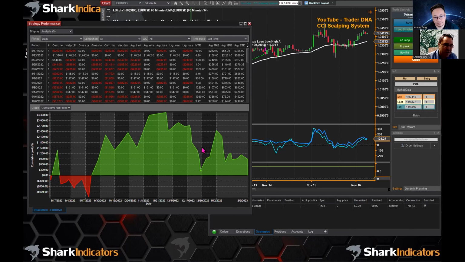No matter how we iterated through the different profit targets and stop losses, so this is kind of revealing some of the characteristics of the CCI with the markets in general. It seems like pretty much every tweak we've made, we've seen a big downturn in December, and perhaps December being the holiday season might not have been a good month to trade in general, at least for a trend type system.